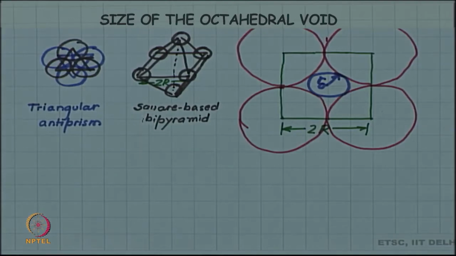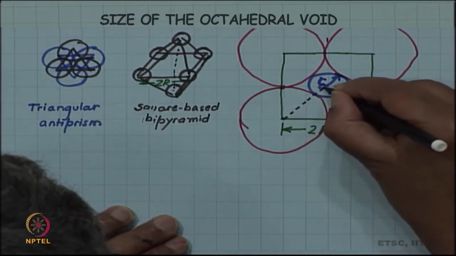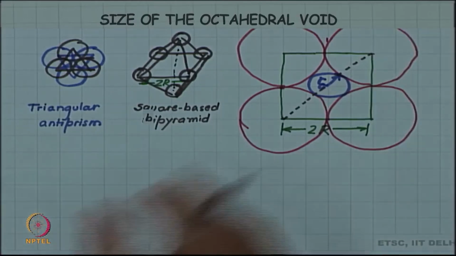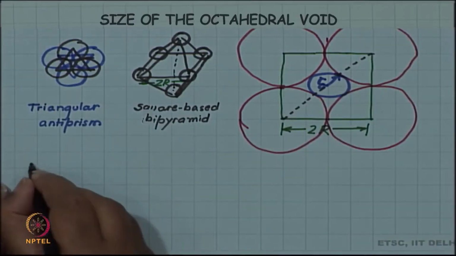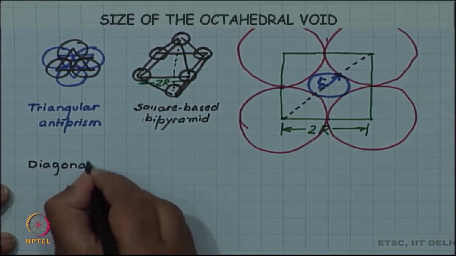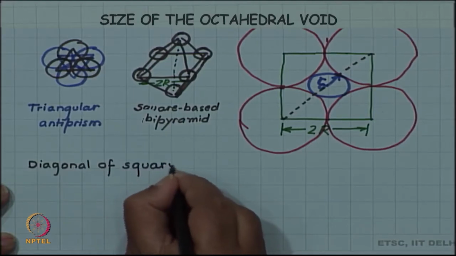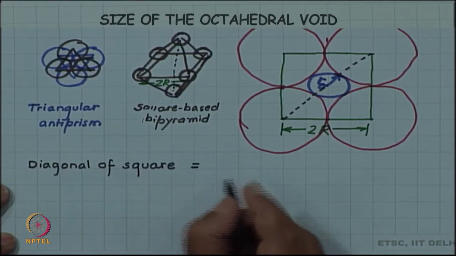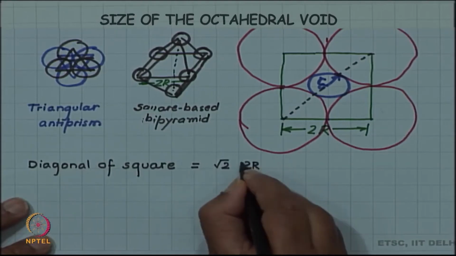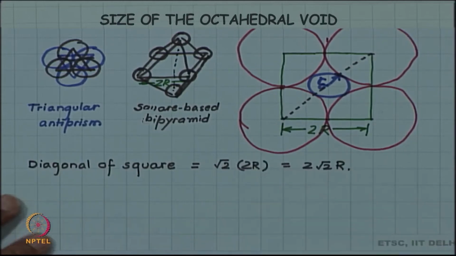So, if we connect this diagonal, we can see that the full length of the diagonal of this square is root 2 times the edge length, that is, root 2 times 2 r.